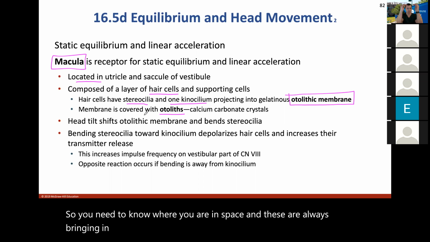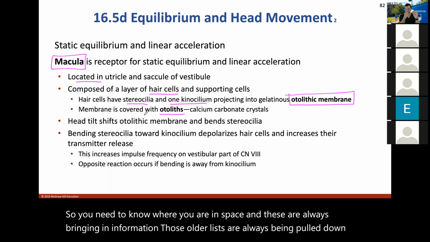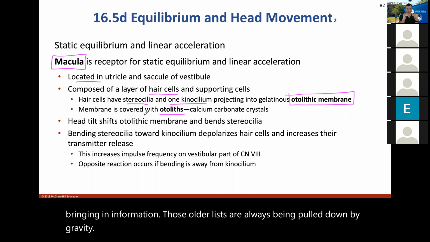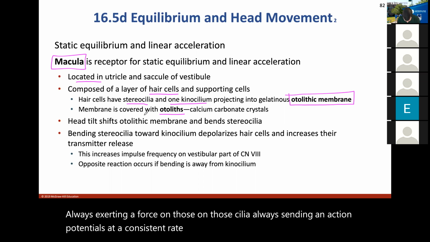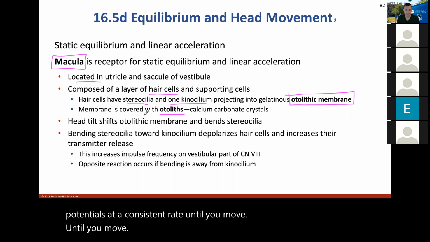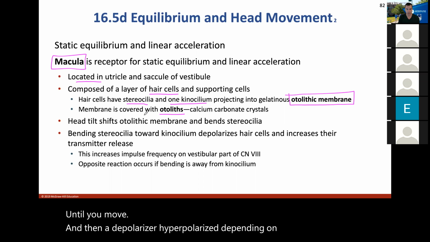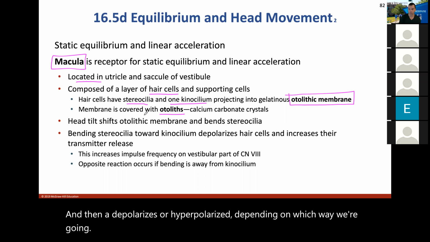Those otoliths are always being pulled down by gravity, always exerting a force on those cilia, always sending in action potentials at a consistent rate until you move. Okay? And then it depolarizes or hyperpolarizes depending on which way we're going. Towards the kino or away from the kino.